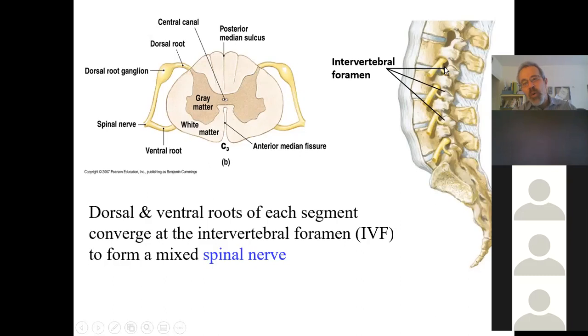The importance of that foramen is that's where the nerves via the dorsal root as well as the ventral root enter into the spinal cord. So that foramen obviously is very important. And if that gets bone spurs or narrowing, that's going to cause an inflammation of those nerves because they're getting pinched.